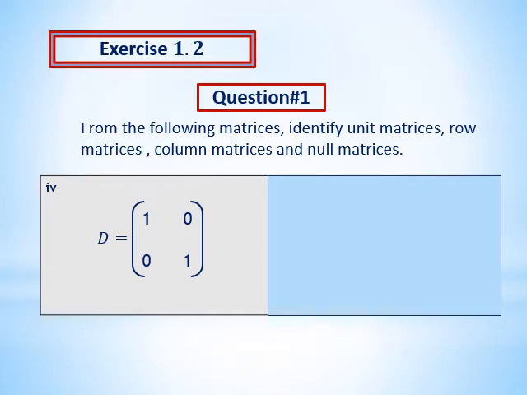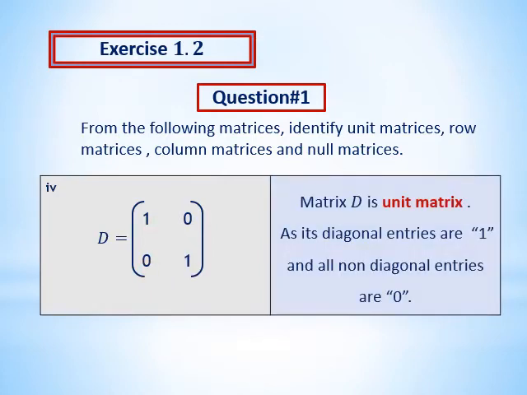Diagonal entries are 1 and 1, and all other entries are 0 and 0. Matrix D is a unit matrix, as its diagonal entries are 1 and all non-diagonal entries are 0. So matrix D is a unit matrix, and we know that a unit matrix is also called an identity matrix.